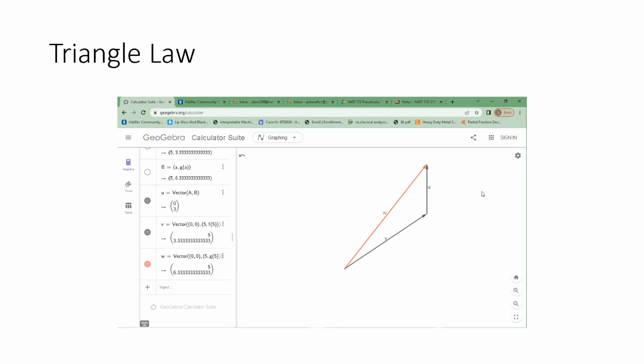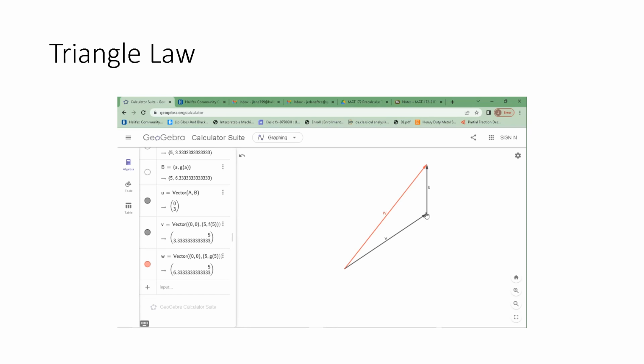And this is essentially what the triangle law for adding vectors is referring to, that if I start with the initial position of v and this terminal position of u, after I do the tip to tail, the tip of u to the tail of v, or some people interpret it as the tail of v to the tip of u.